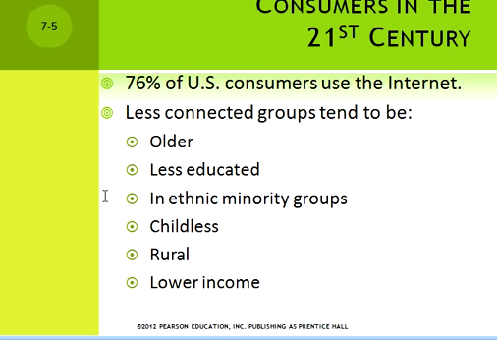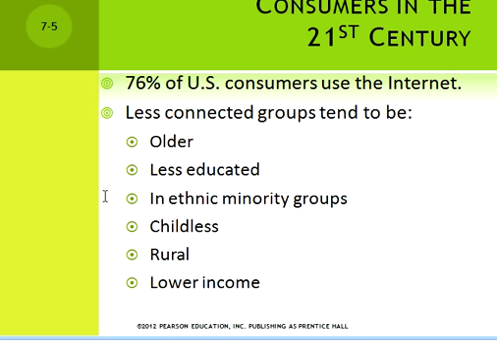Also, we are seeing less connected groups tend to be older, less educated, ethnic minority groups, childless, rural areas, and lower income. So this is the rest of the 24% in the US they are talking about, because the question comes in why they are not using the internet.